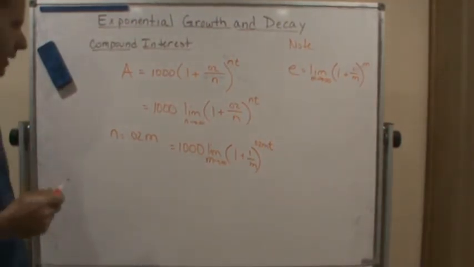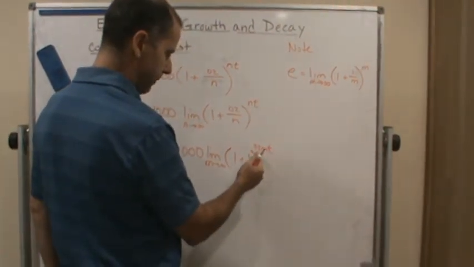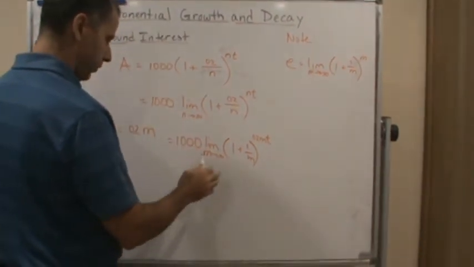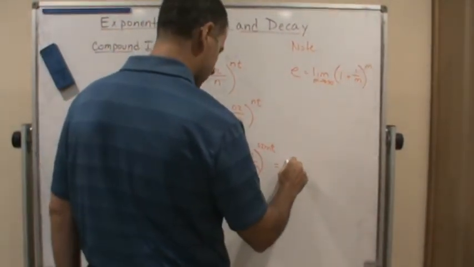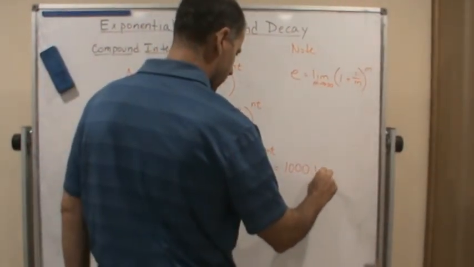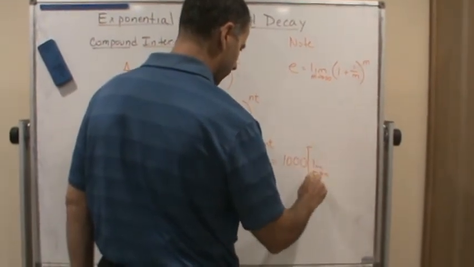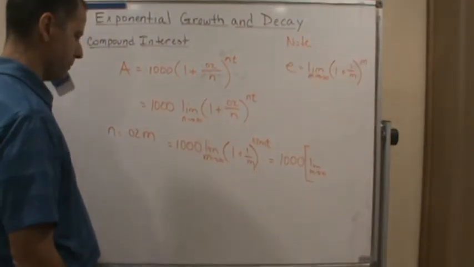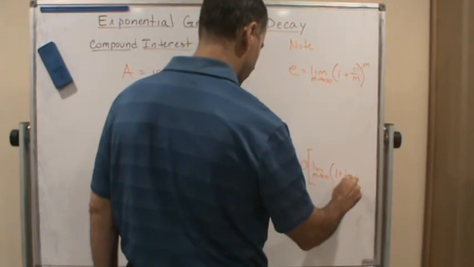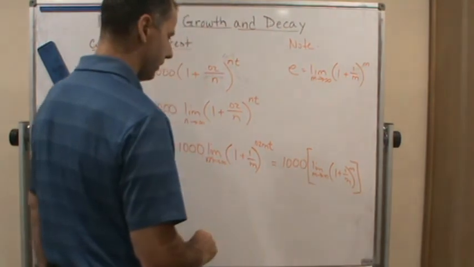Now, what I'm going to do is manipulate, because I'm going to bring the m inside, and write this as a power of a power. So now what happens is, this is going to equal 1,000 times the limit as m approaches infinity. I'm going to put a bracket there. And then I'm going to take 1 plus 1 over m to the m, and bracket that.